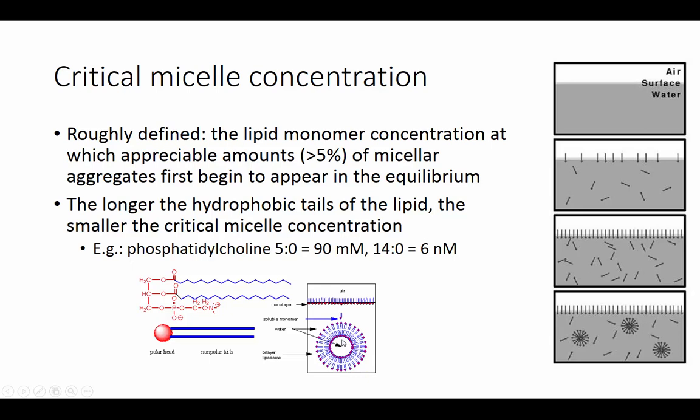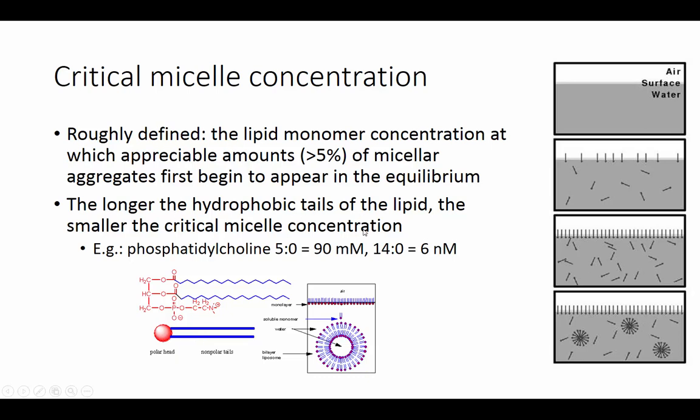So this is essentially the concentration at which you start to see these micelles in the medium, and they appear to be in equilibrium with the solution. And so this micelle is the smallest and most thermodynamically feasible shape that these polar-nonpolar, aka amphipathic, compounds can make in an aqueous solution.